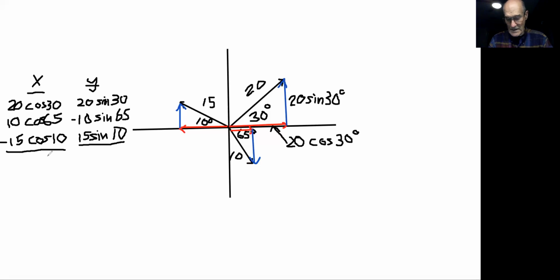So I have 20 cosine 30 plus 10 cosine 65 minus 15 cosine 10, and I get an answer of 6.77.